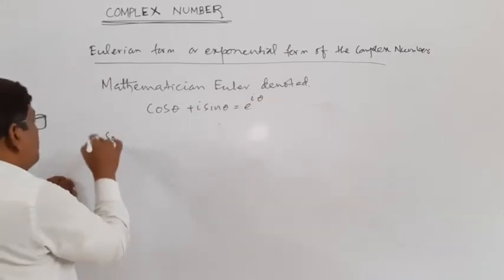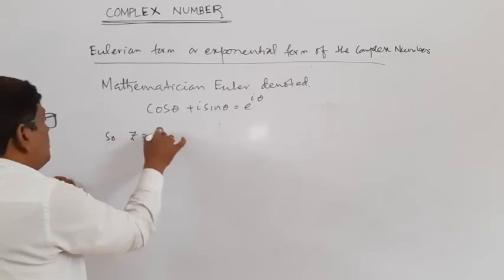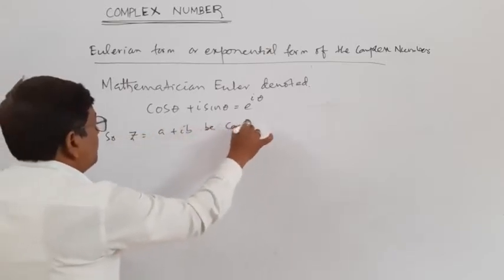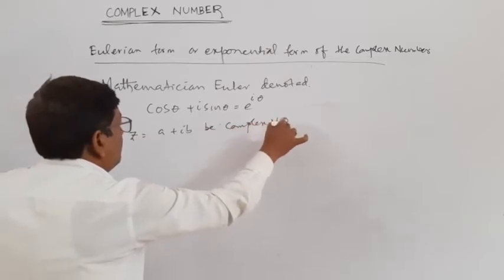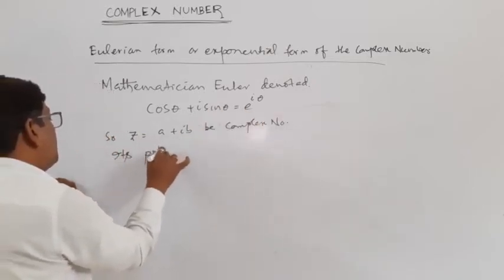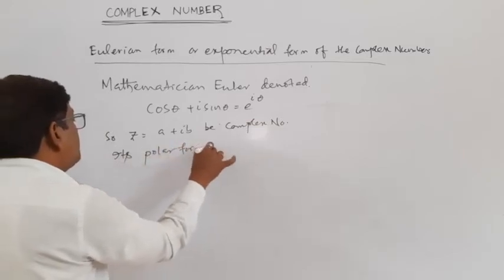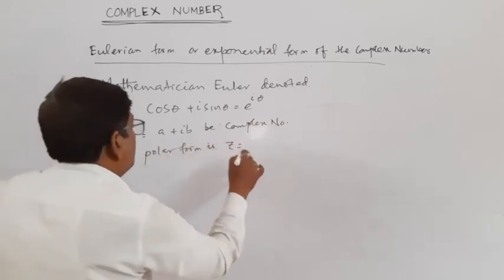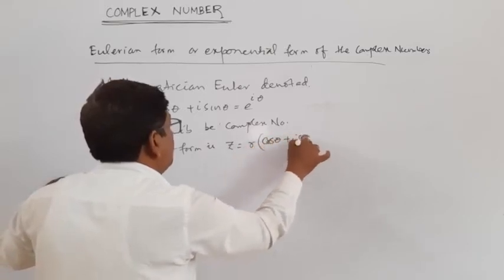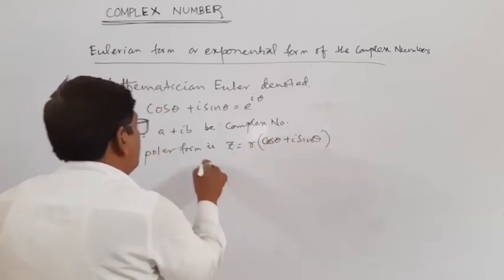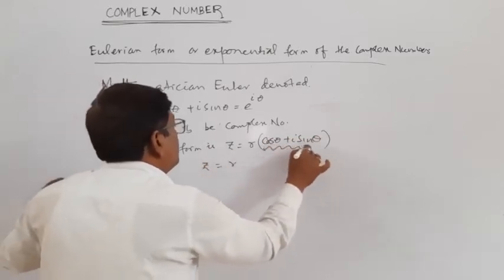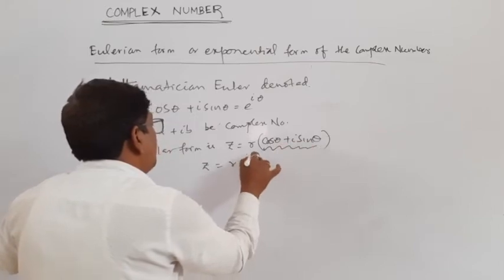So z is equal to a plus ib be a complex number. Its polar form is z is equal to r into cos theta plus i sin theta. Now z is equal to r into e to the power i theta.